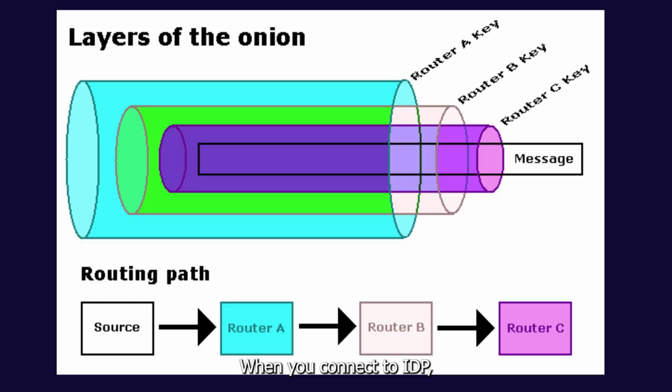When you connect to I2P, your internet traffic gets encrypted and travels through multiple randomly selected servers, called routers, so nobody knows exactly from which server or source the message has come, hiding and masking your identity or IP address.